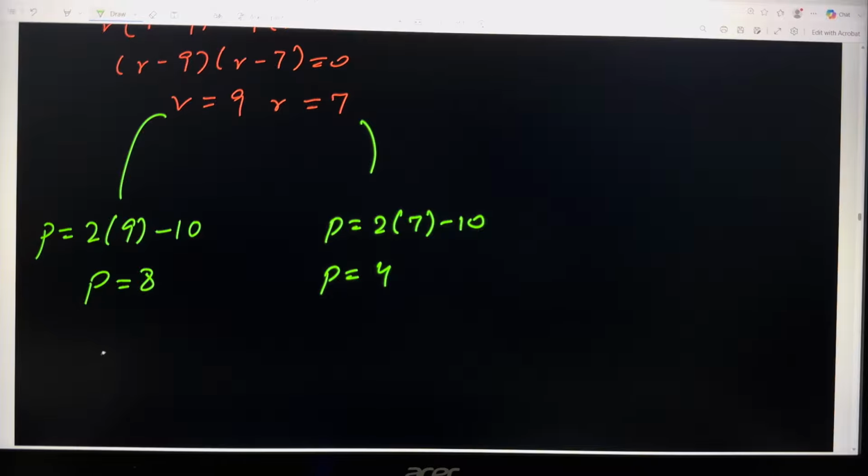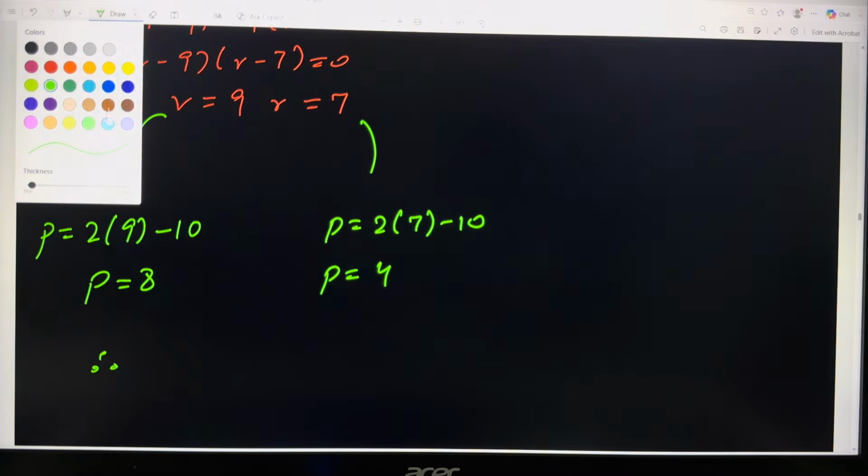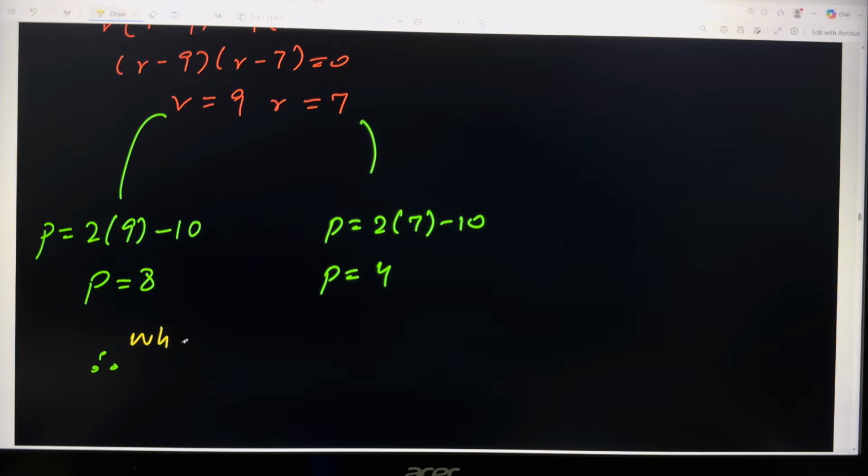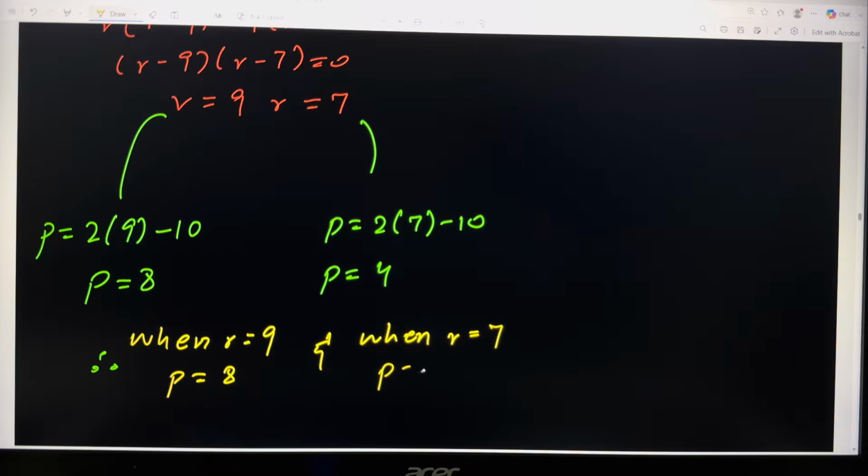So therefore, when r is equal to 9, p is equal to 8, and when r is equal to 7, p is equal to 4. Alright, so this is our answer.